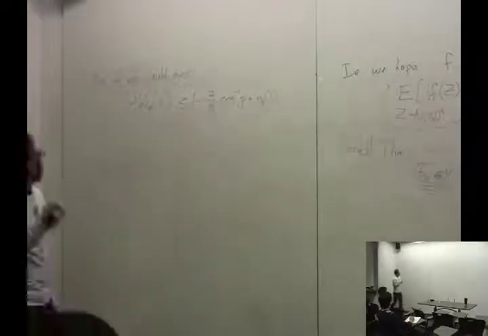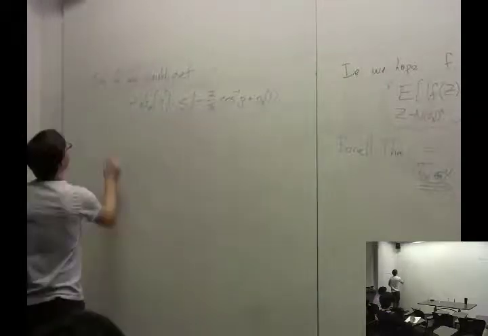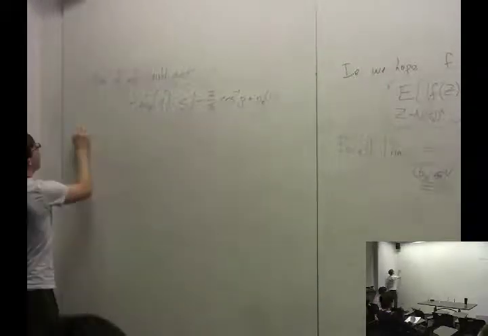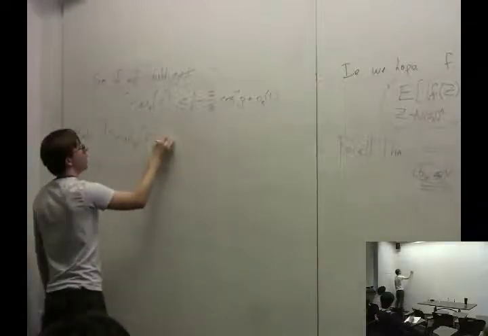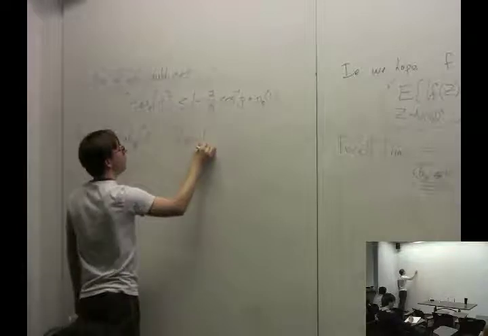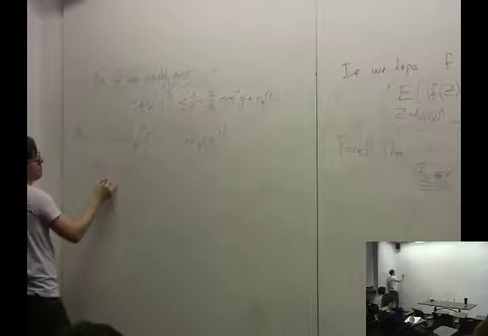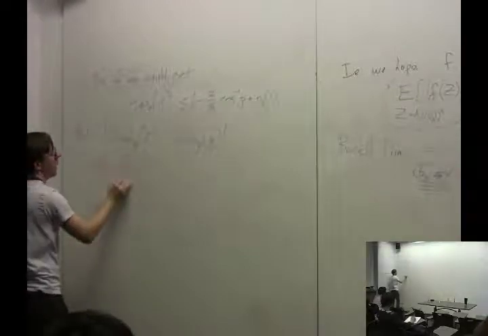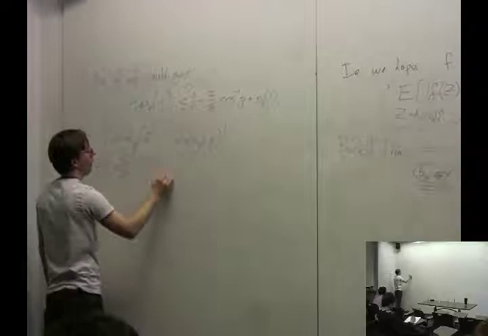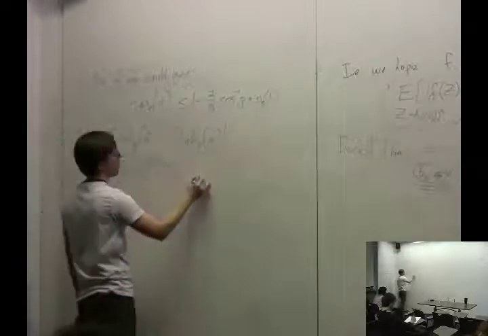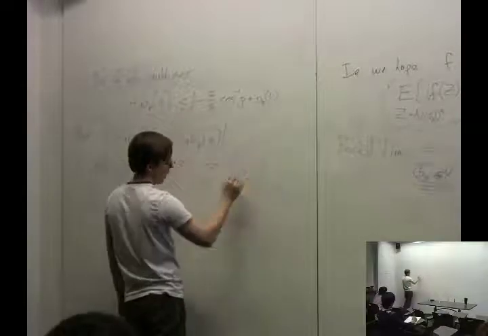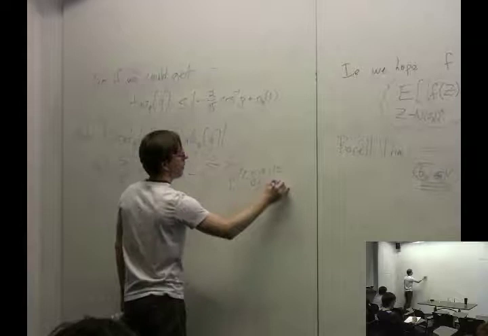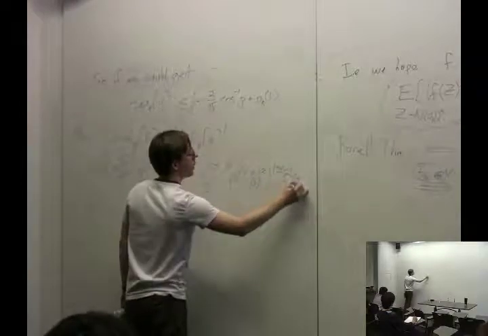But I claim that they're close. Let's compare them, the noise stability at rho of F and the noise stability at rho of G. Well, this is going to be the sum over S of rho to the S, f hat S squared, minus the sum over S of rho (1 minus delta) squared, S f hat S squared.